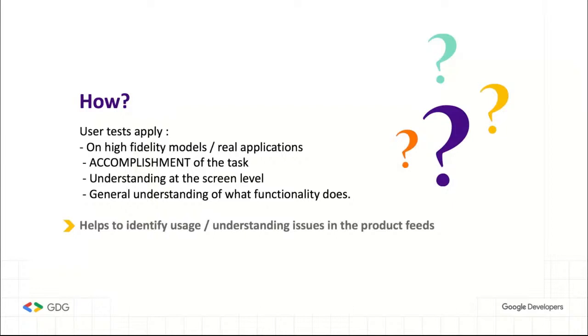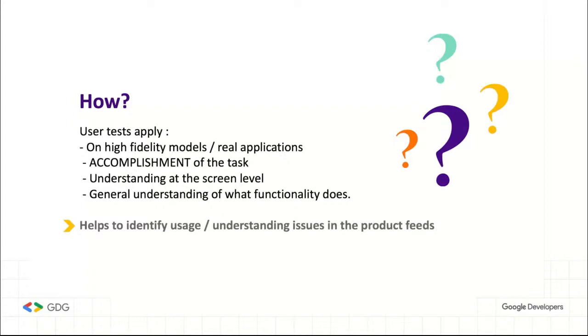How we did this: user tests applied on high fidelity models and real applications. I want to mention that high fidelity models can be done with developed products, or even with high fidelity prototypes.